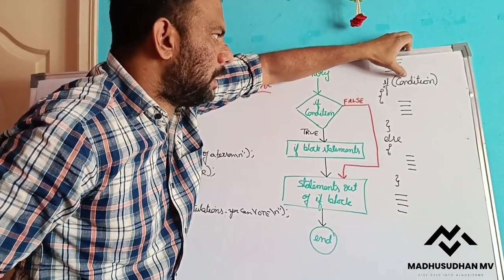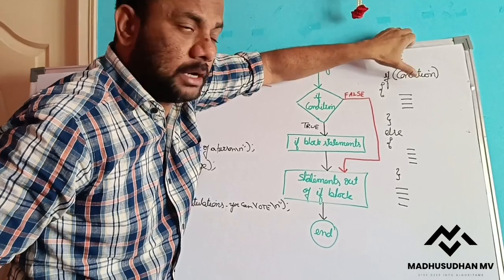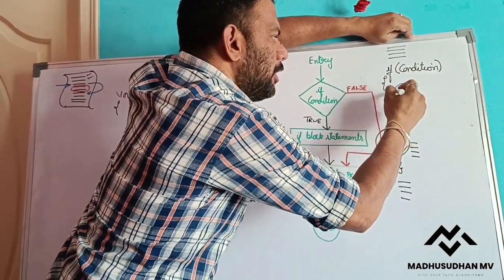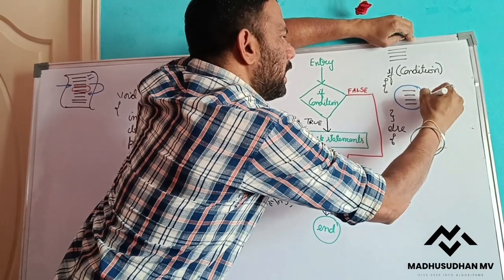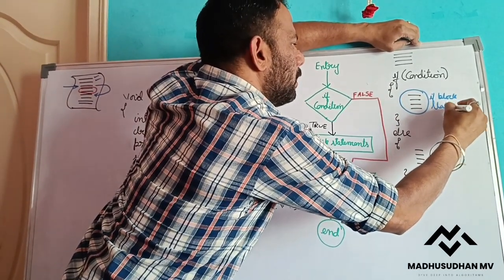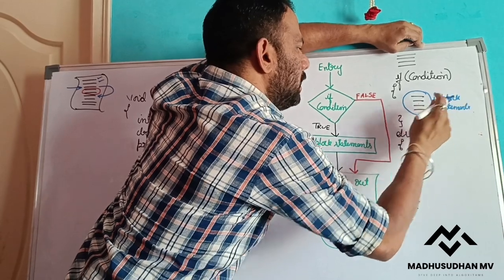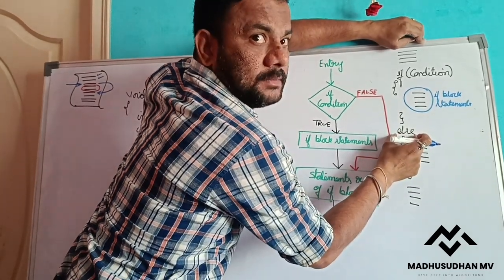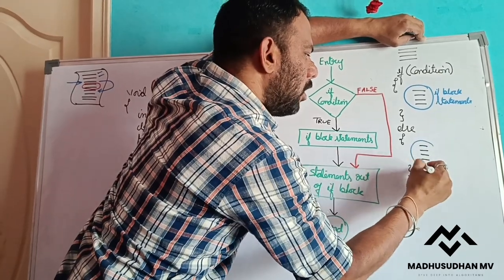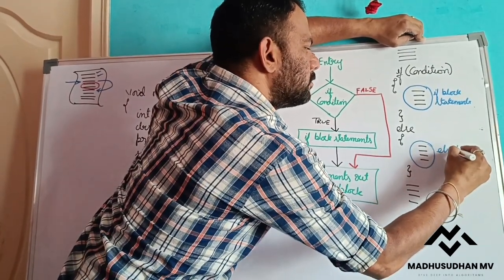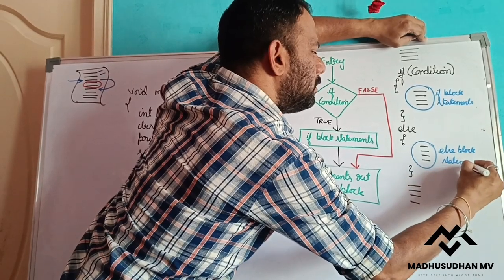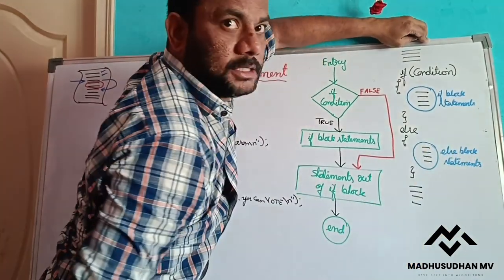Now, if the condition is true, we know it comes inside and executes all the statements of the if block, so I'll call these the if block statements. And I use one more keyword, else, again followed by two curly braces, and these are called the else block statements.